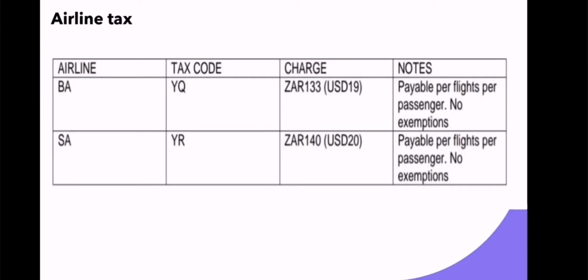This tax is payable per flight, per passenger, no exemptions. So for British Airways it's 133 per flight per passenger, and then for SAA it's 140 per flight per passenger.